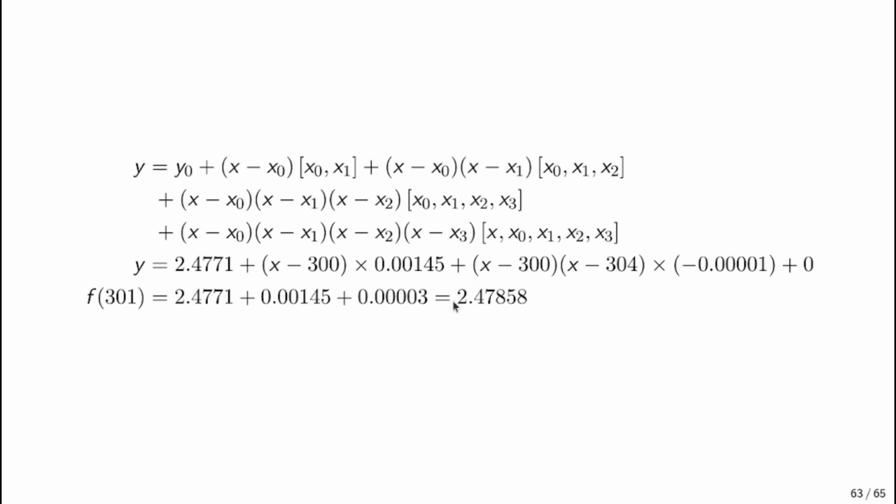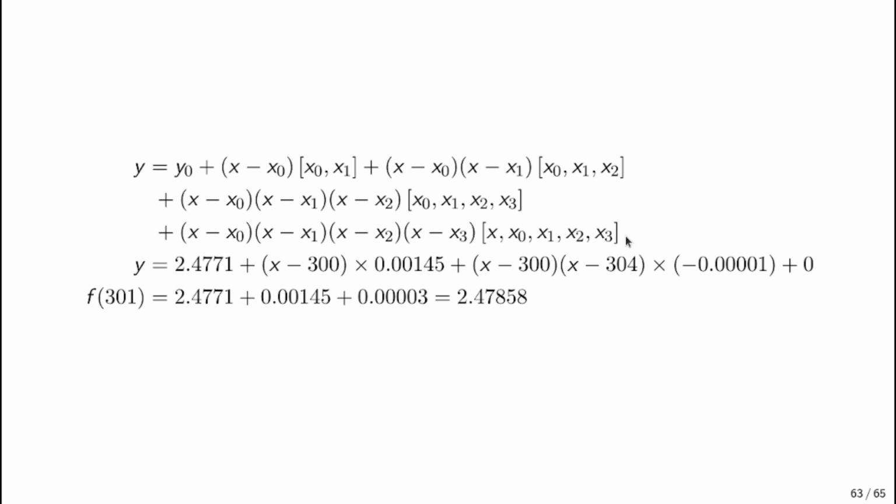If you round off to 4 digits, it will be the same value that we got in Lagrange's interpolation. But the advantage of this method is, suppose one more set of values is given, that is, the value x3, y3.